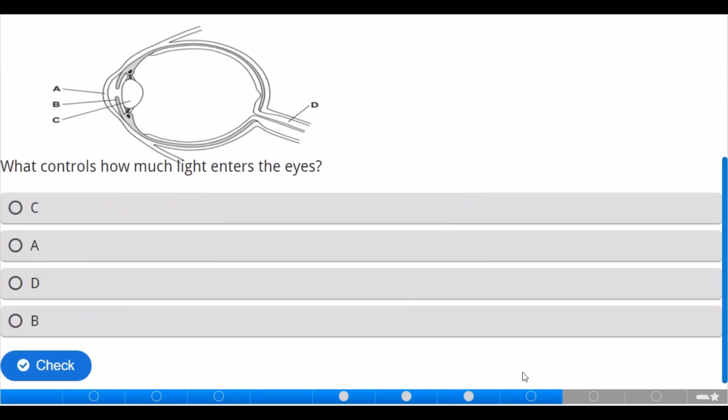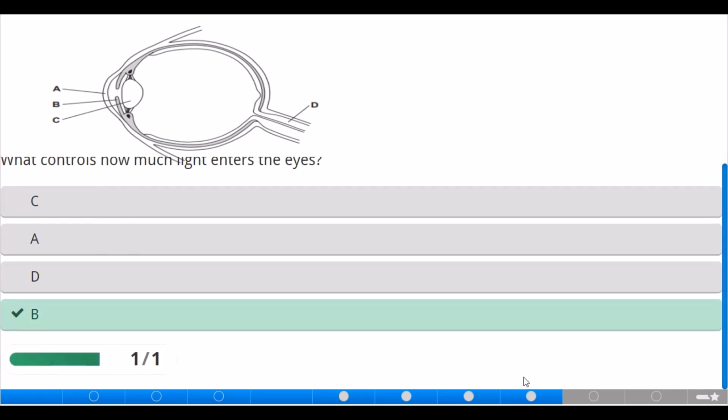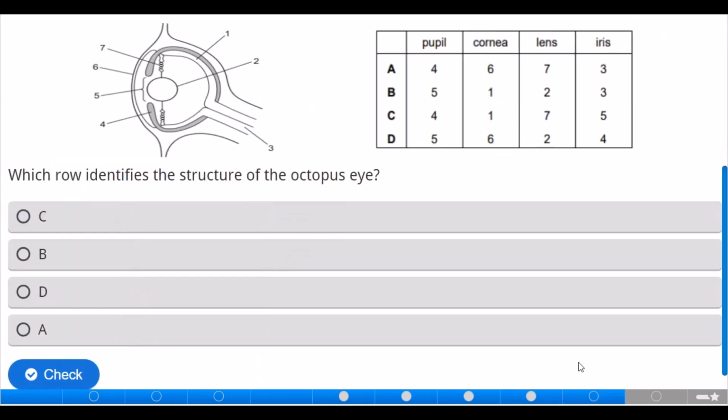Okay, we have another activity here showing us the diagram of the eye. It says what controls how much light enters the eyes? That would be the iris, and that is labeled B here. Another question says which row identifies the structure of the octopus eye?